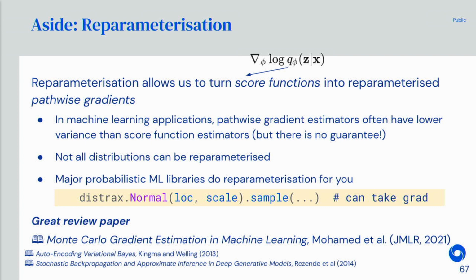And then there are different tricks on how you can deal with them, like implicit reparametrization. And all of the major probabilistic machine learning libraries, like Distrax, for example, which is just one for JAX that I keep using, and I think for PyTorch there are also some, and there's also TensorFlow Probability, but I don't think TensorFlow is that common anymore, they do the sampling and the reparameterization for you.